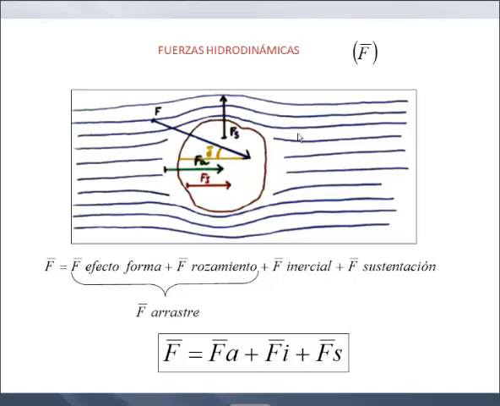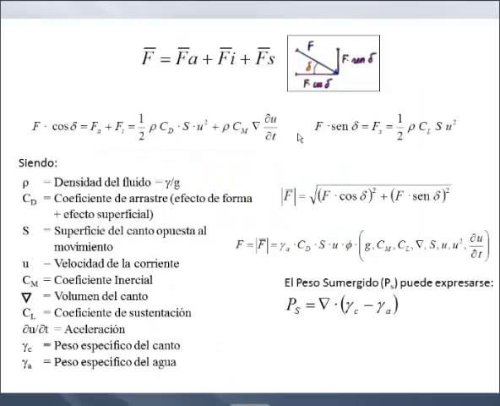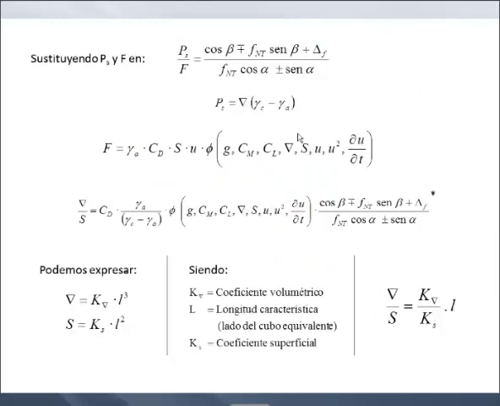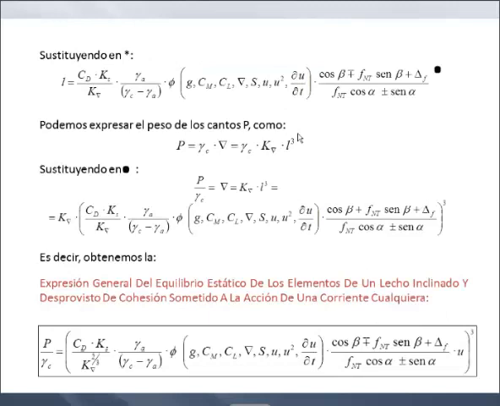Now, what forces are acting there? Forces against the rocks, forces like this flying like an airplane, and okay. Then you work with all these forces, and you come to a nice expression in which you have things depending on the fall, on the density, on the roughness, and so on.